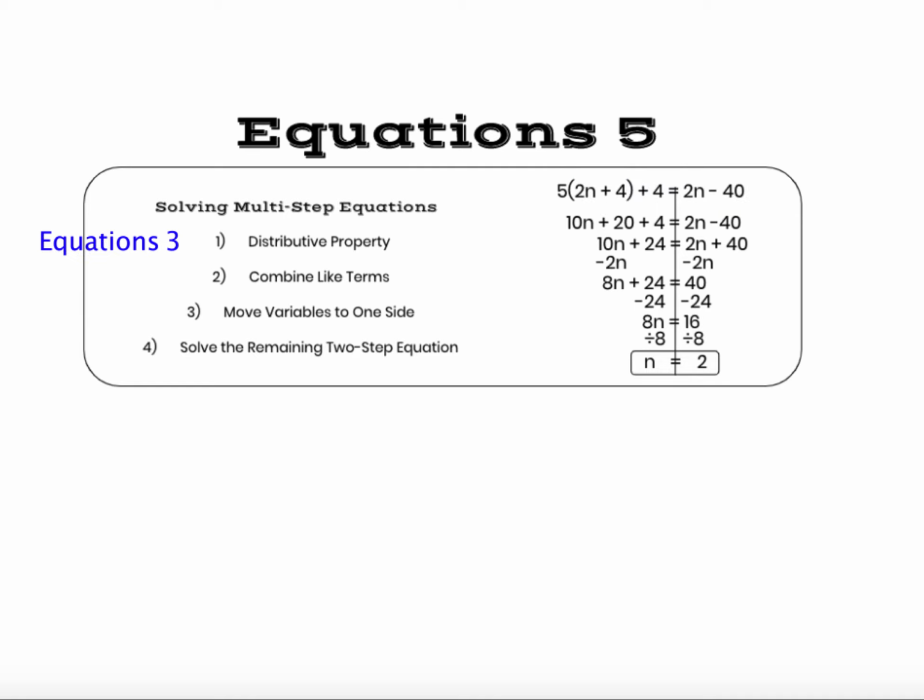The distributive property you practiced using to solve equations in the worksheet equations 3. In equations 2, you practiced combining like terms in order to then solve an equation. Most recently, you worked on moving variables to one side in equations 4. And you started your work in this packet with two-step equations in equations 1.